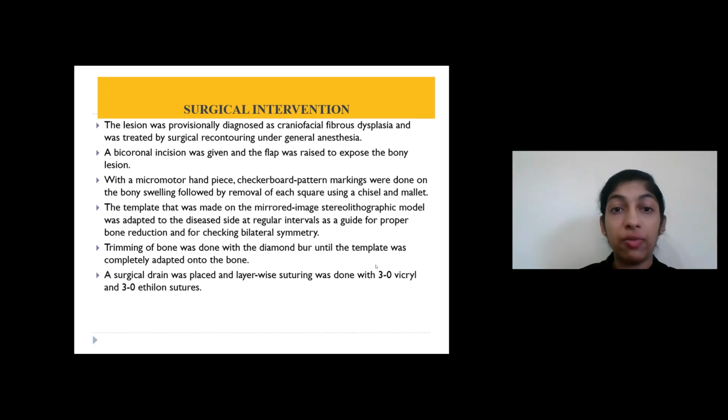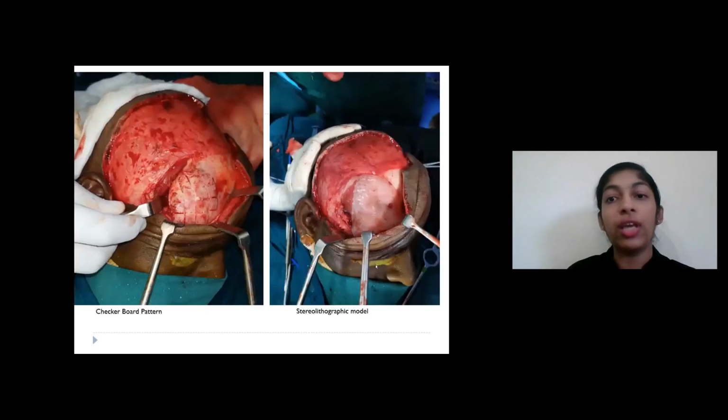The template that was made on the mirror-imaged stereolithographic model was adapted to the diseased side at regular intervals as a guide for proper bone reduction and for checking bilateral symmetry. In the second image, you can see the stereolithographic model and the stent that was made with it, which was adapted onto the diseased side and checked for reduction.